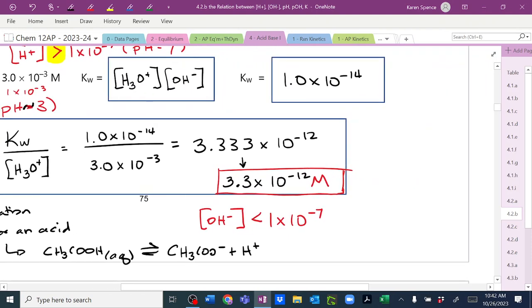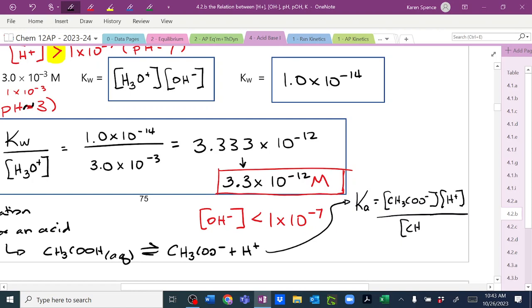So its Ka expression would be products over reactants. Ka is equal to the concentration of CH3COO minus times the concentration of H plus over the concentration of CH3COOH.